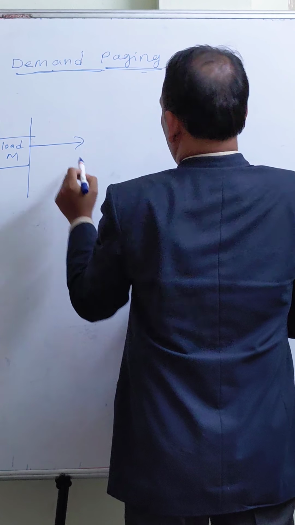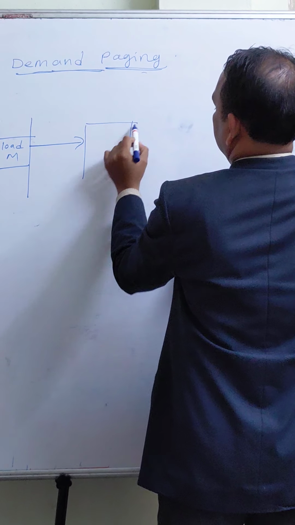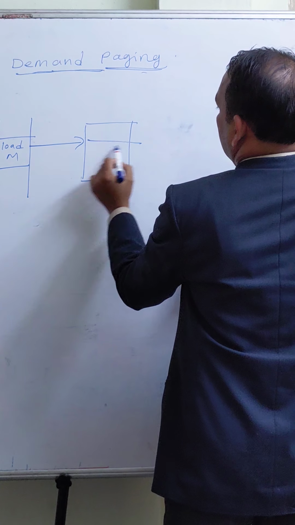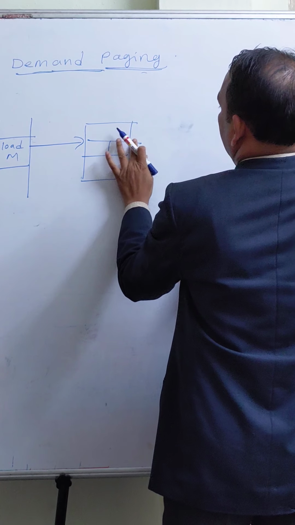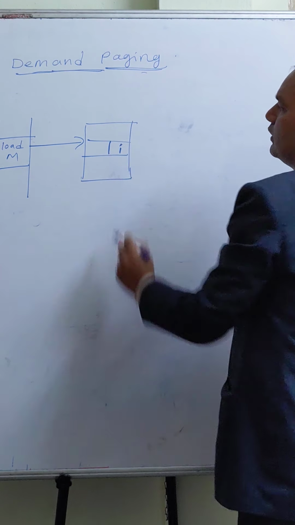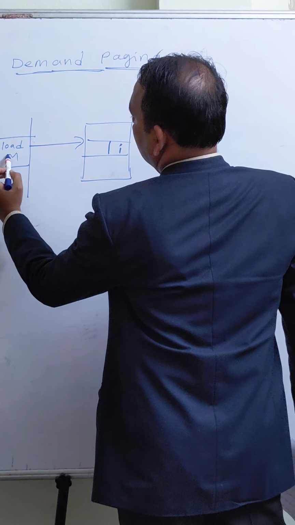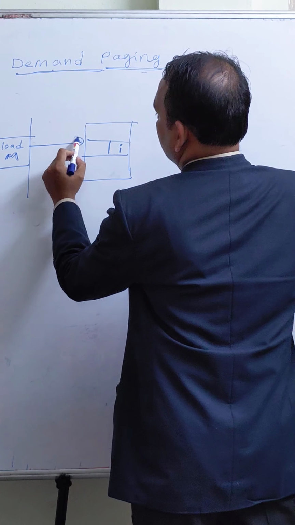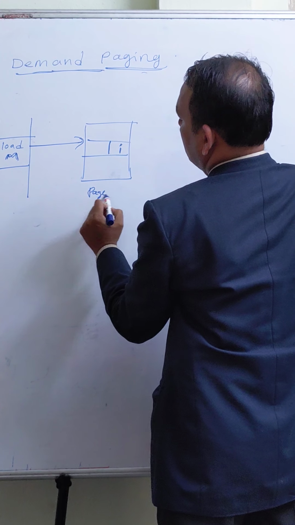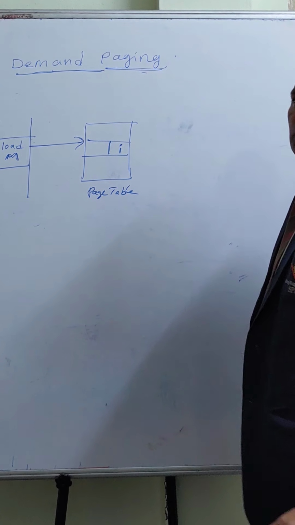It means it is not there. First, this is a table, the page table, invalid. We want to load this page. That page we are checking in the page table. The page table says it is invalid.